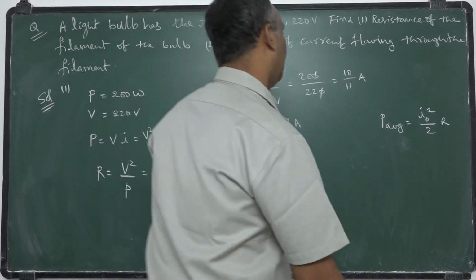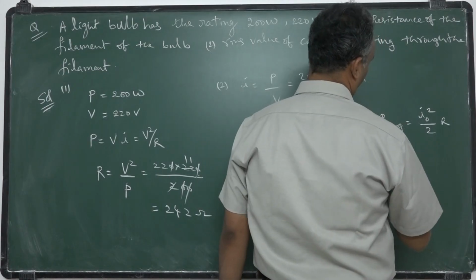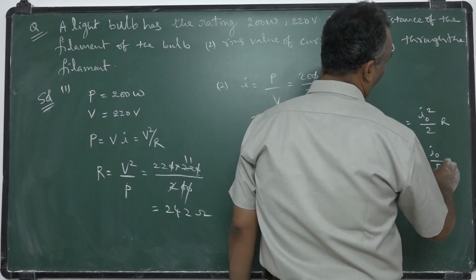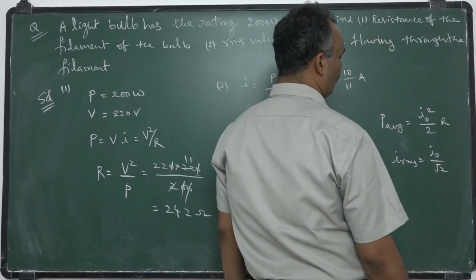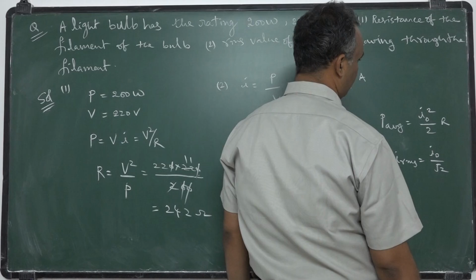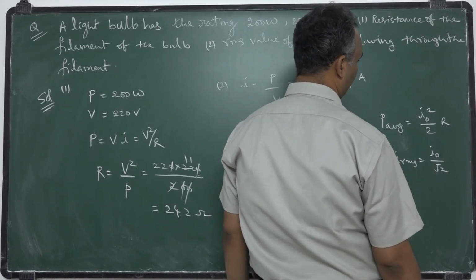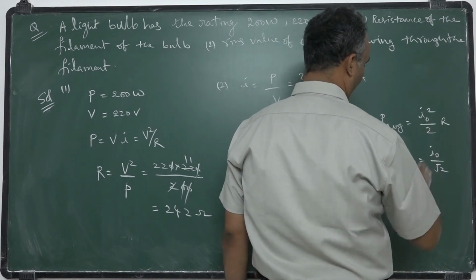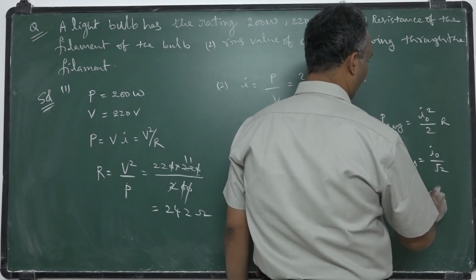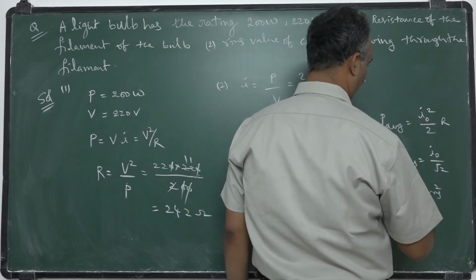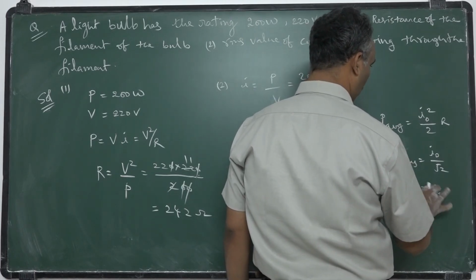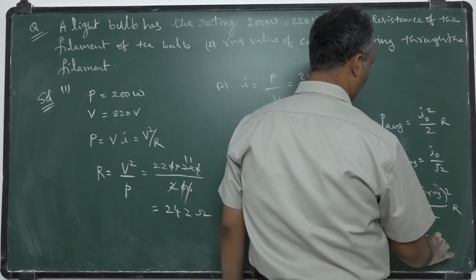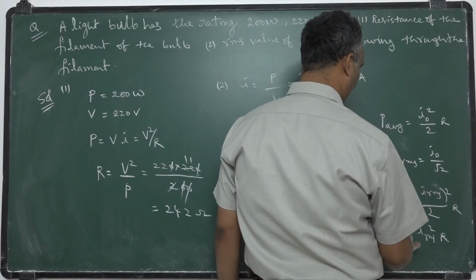You know that IRMS is equal to peak value by root 2. So if I substitute the I naught value here, root 2 IRMS whole square by 2R, that is IRMS square R, is nothing but average power.